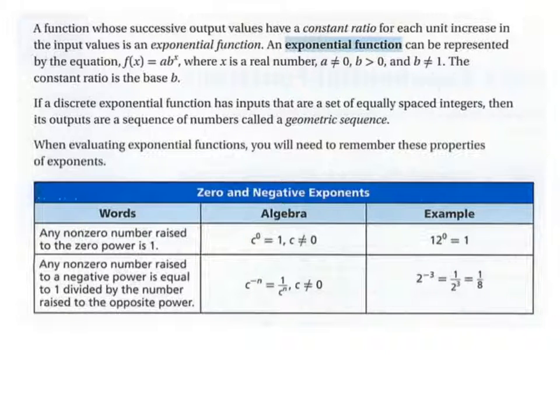An exponential function can be represented by f(x) = ab^x. x has to be a real number. a can't be 0 because that would make this pointless, right? b has to be greater than 0 or it's going to be really weird. And b has to be not equal to 1 because 1 to the power of anything is still going to be 1, so that's not going to change anything. The constant ratio is that b in our function.